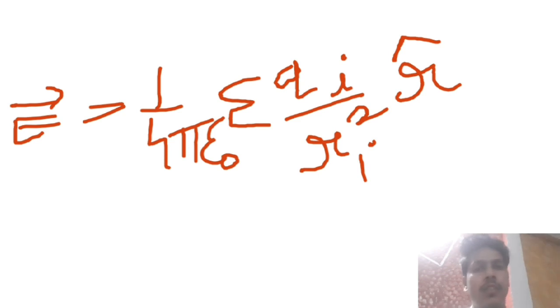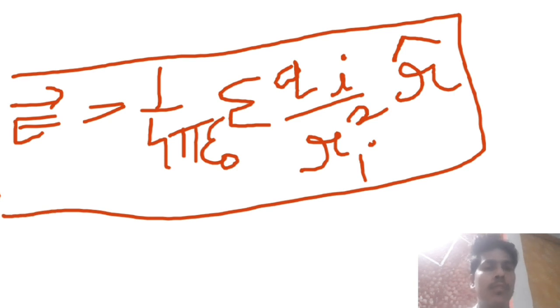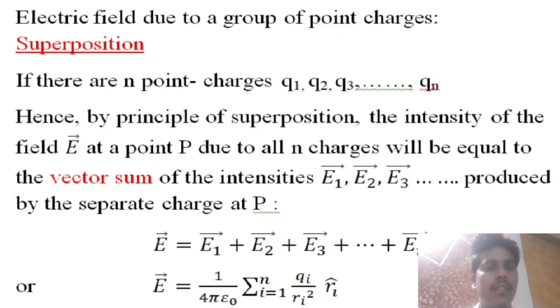So finally we get this formula for the net electric field: 1 upon 4 pi epsilon naught qi upon ri square r cap, with i going from 1 to n. You can note down this derivation.